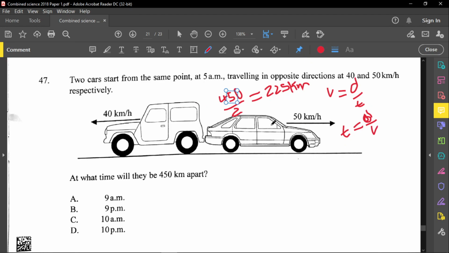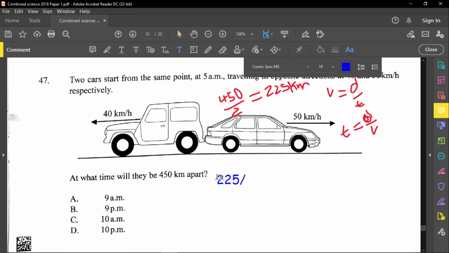We have both velocities here, 40 and 50, so let's work out the average time for each. For the 40 one, the car travels an average of 225, so 225 divided by the speed, which is 40. That gives us an average time of 5.625 hours.